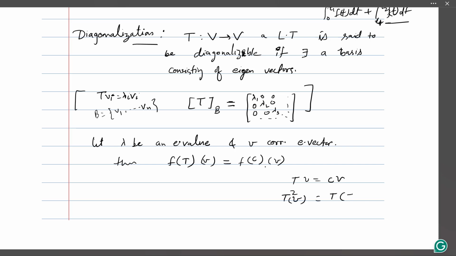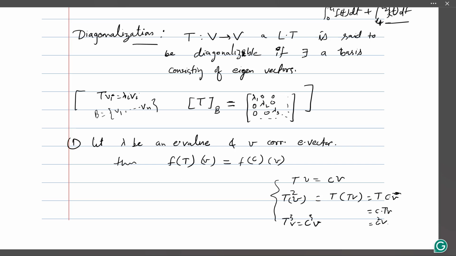First apply T here, it is T of cV. But c is a constant, it will go out. So cTV, again TV is equal to cV. So c square V. So using all these relations, T cube V is equal to c cube V. This was the first lemma in this direction.